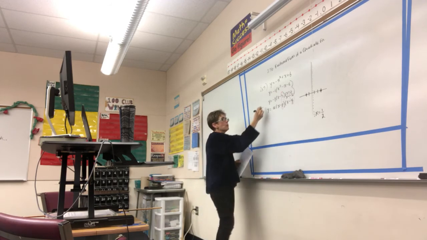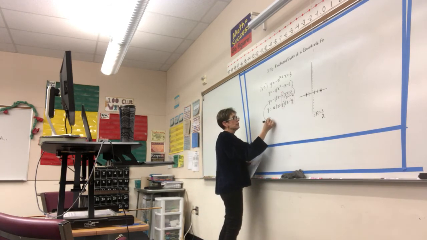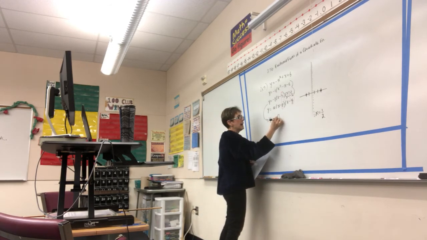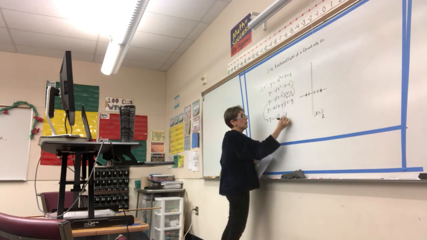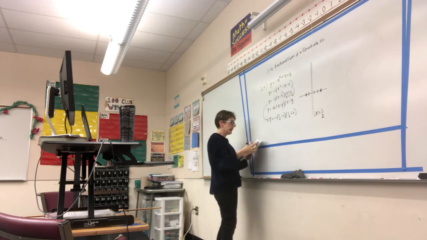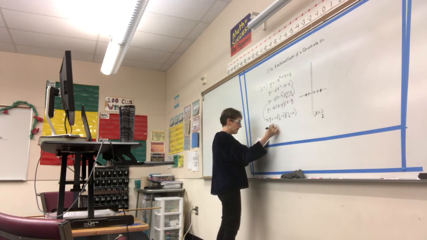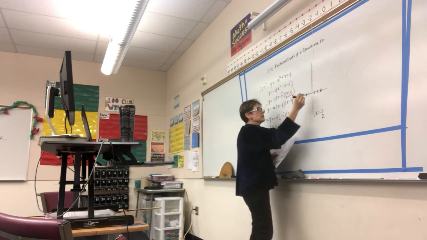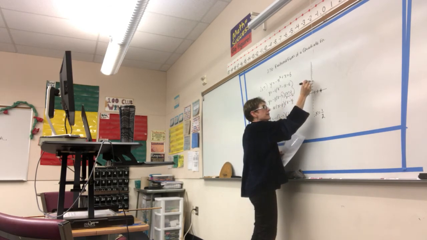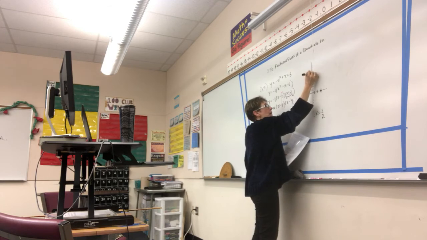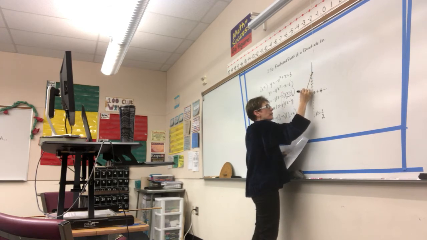To find out what y is, all I do is plug in 1/2 for x and solve for y. When I do, I get that y equals 6.25. So if I plot my vertex, I would go up 6.25, and this would be a picture of the graph here.